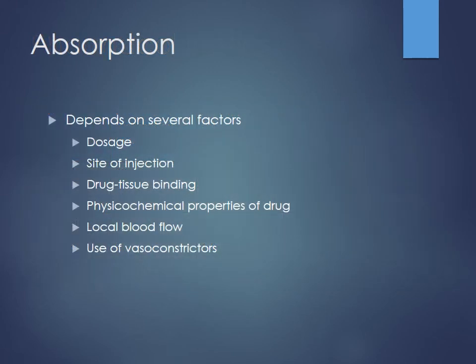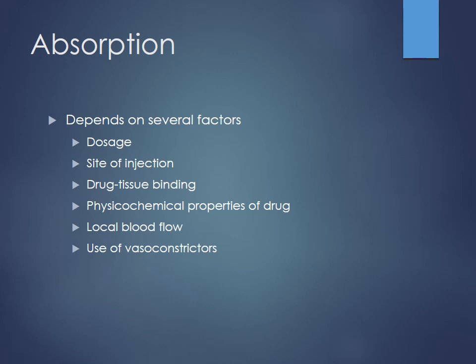Looking at the absorption of the drug is important because it links back to toxicity. The more systemic absorption you have of these drugs, the more likely you are to see toxicity, because we want these to be local anesthetics. We want them working at the local site and not traveling elsewhere. That can depend on several features. One is the dose you're giving: bigger doses, more systemic absorption.